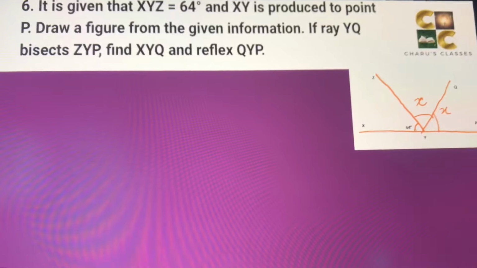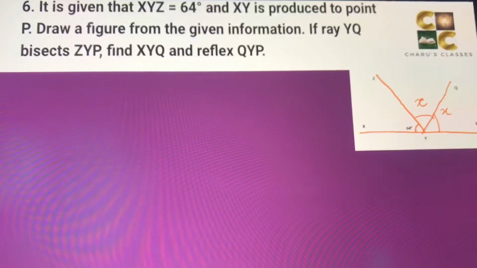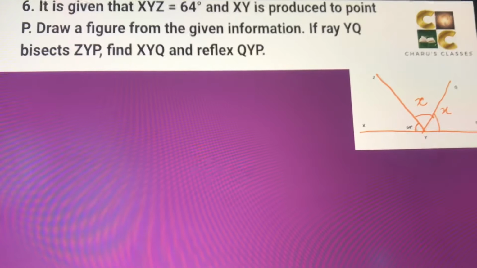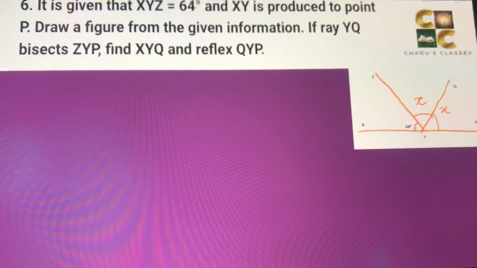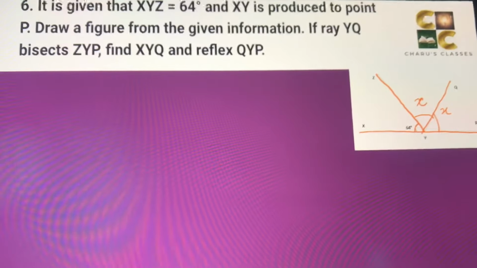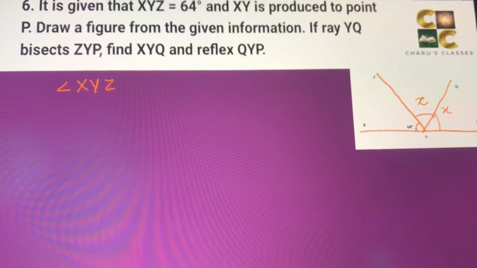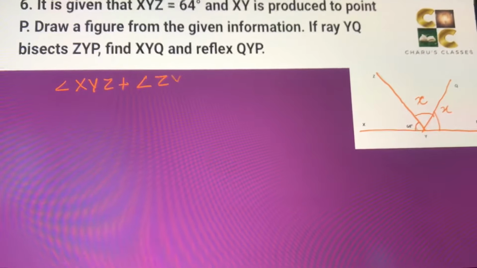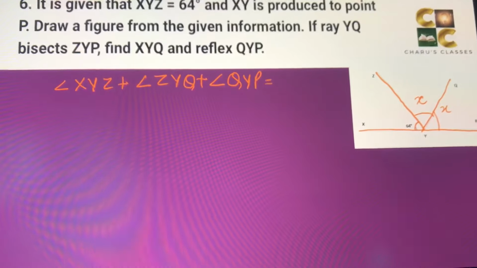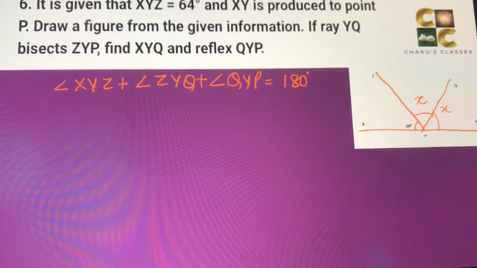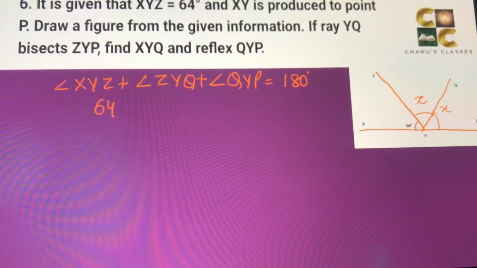They have asked to find angle XYQ and reflex QYP. Now this is a straight line, so the sum of all angles, that is angle XYZ plus angle ZYQ plus angle QYP, is equal to 180 degrees because of being on a line.